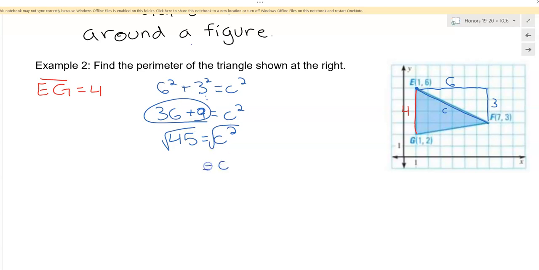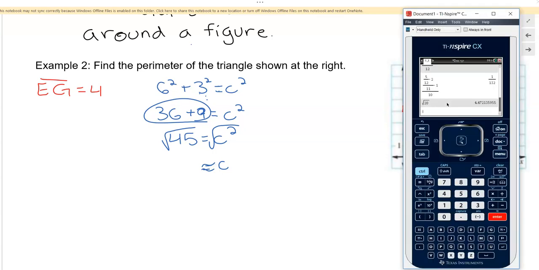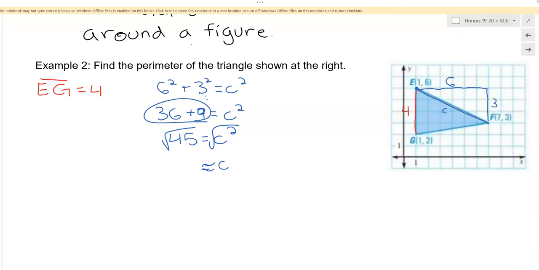For perimeter, we're always going to approximate, and we do not have to simplify. So the square root of 45 is 6.71. So that was E to F. I'm going to keep track of my sides over here. And then I have F to G. So again, my x distance is also 6, but my y distance is simply 1.